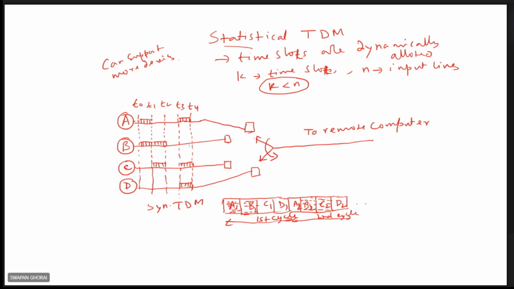Now, if you see the same things for statistical TDMs, you see here, in the first cycle only these sources are emitting data, A and B. So time slots will be allocated to them only.